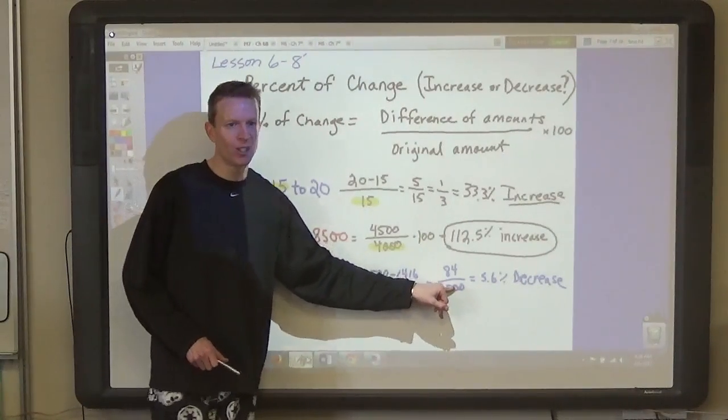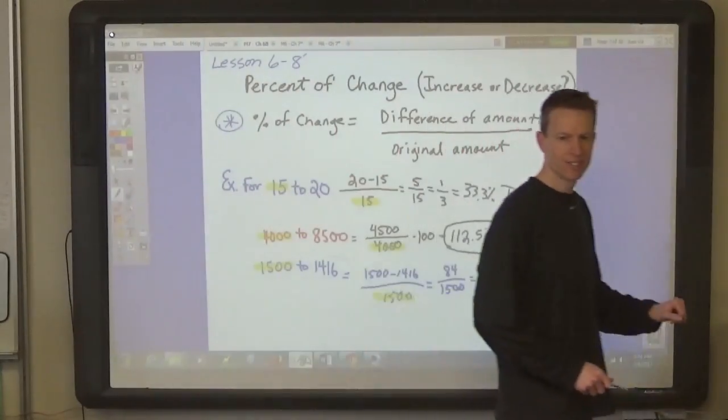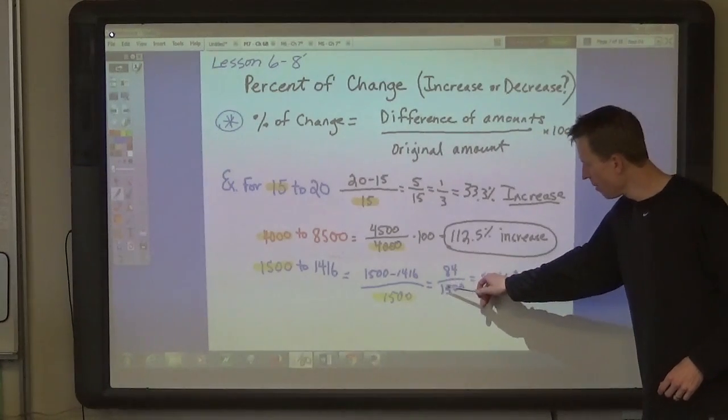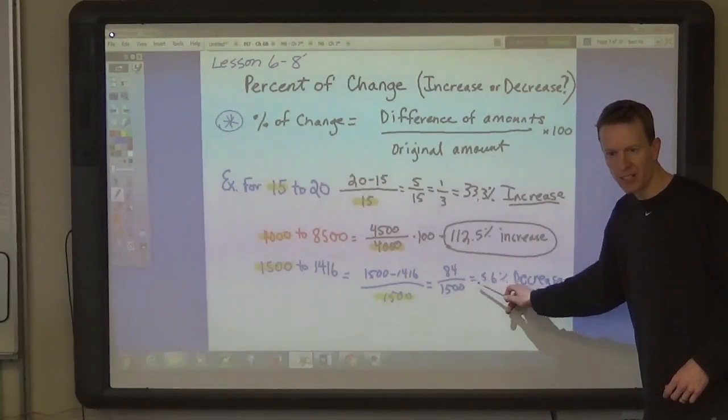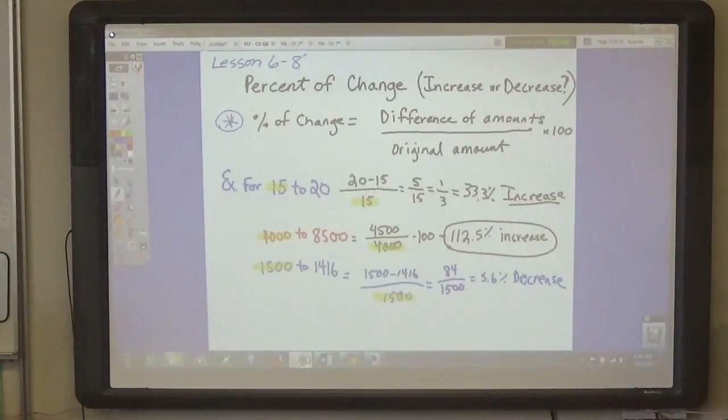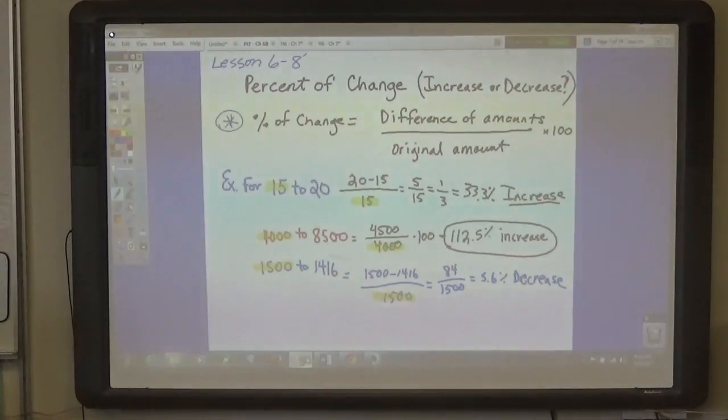You forgot? Who could help him out? Tyler? 84 divided by 1,500. Good. 84 divided by 1,500 times 100. Okay, what is it, Jeremiah? 84 divided by 1,500. And then what?